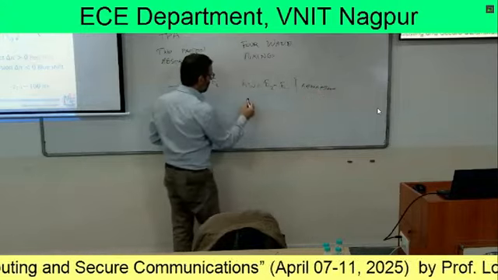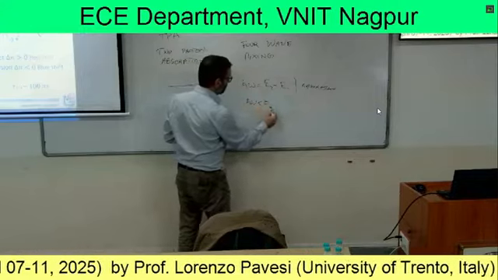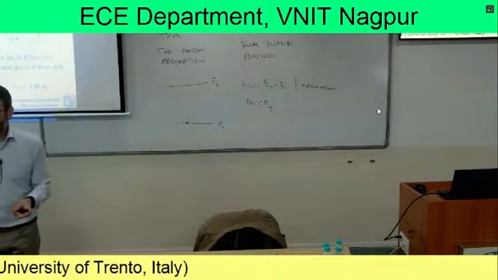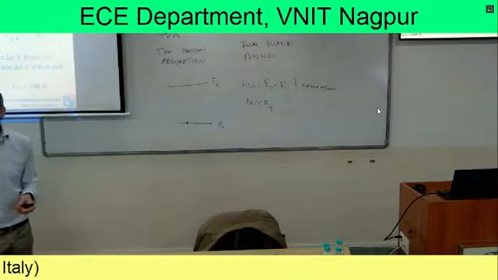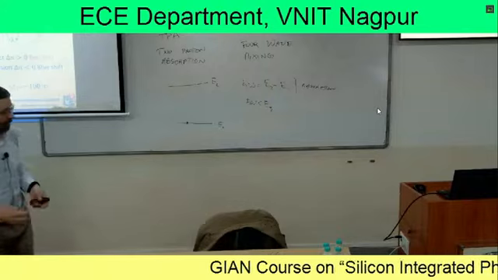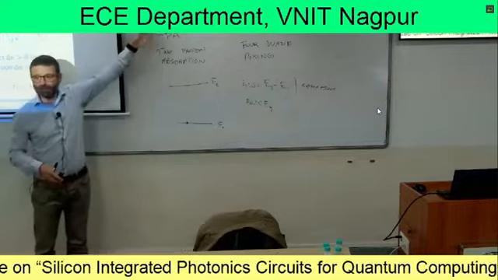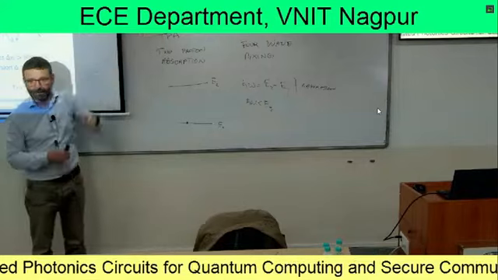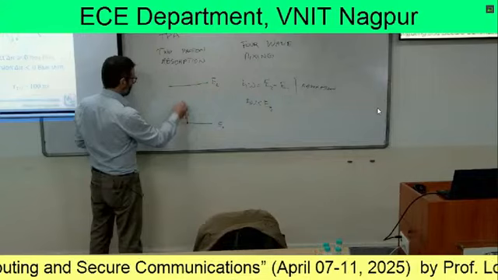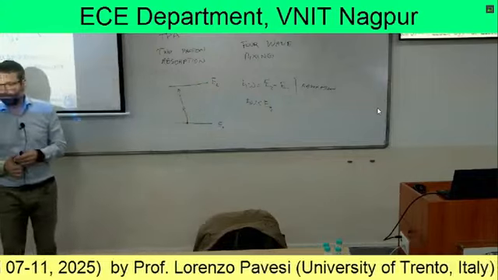But now, if the photon energy is smaller than the band gap of the semiconductor, we cannot absorb that photon, so the semiconductor is transparent. However, if the optical power is large enough to enter a region where we have a nonlinear response of the material, it may happen that two photons are absorbed at the same time.